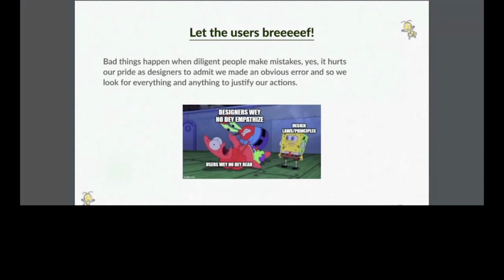Now, bad things happen when people make mistakes, especially diligent persons. There are times when we see some brands, some products making some kind of mistakes that you feel like, oh, this should actually be past these people. They shouldn't actually get to do this, they should know more. But this happens when we tend to neglect certain design laws and principles.